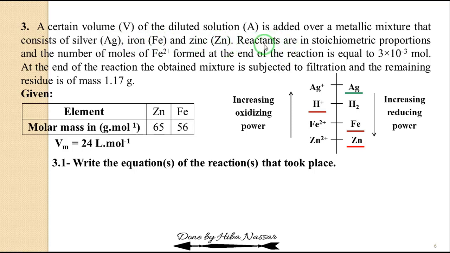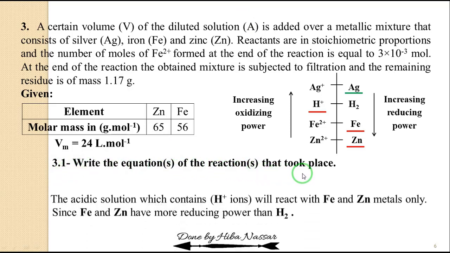Here in this exercise, reactants are in stoichiometric proportions and the number of moles of Fe2+ formed at the end of the reaction is equal to 3 times 10 to the power minus 3 mole. Also, at the end of the reaction, the obtained mixture is subjected to filtration and the remaining residue is of mass 1.17 gram. So, question 3.1, write the equations of the reaction that took place.